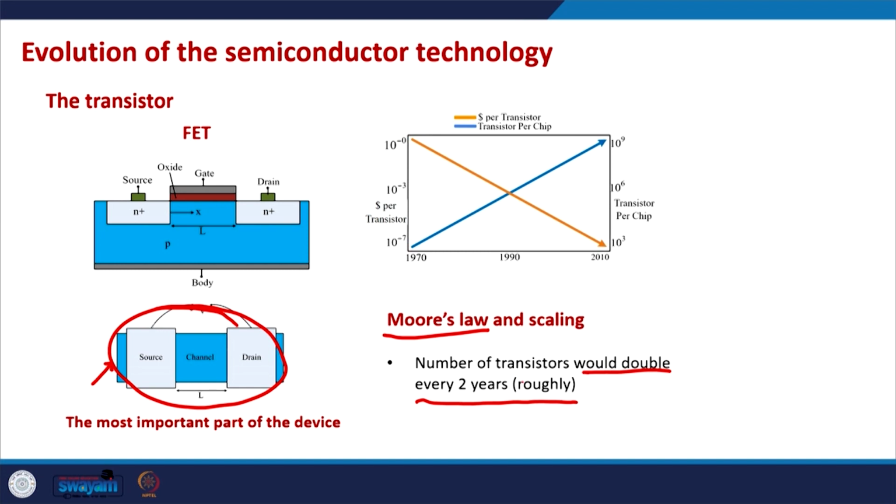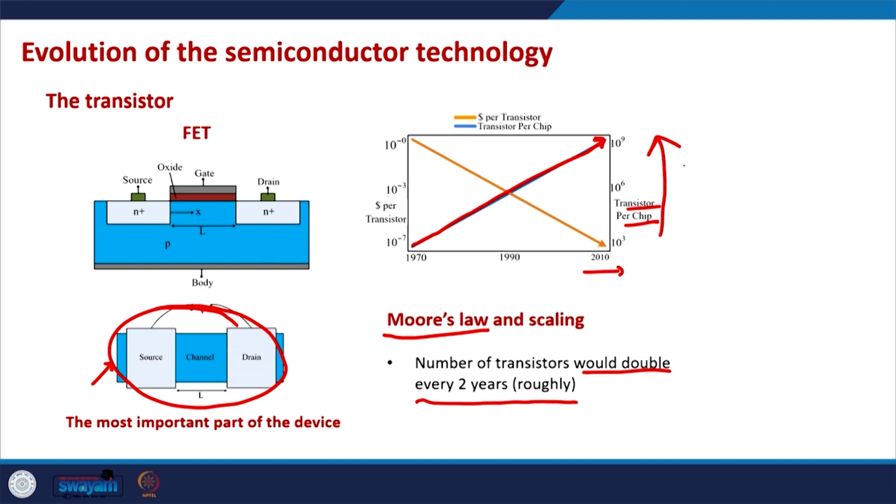This can be plotted in this way: as the graph shows, from the 1970s up to 2010, and this is true even up to 2020, the number of transistors per chip is increasing continuously. Not linearly, it is actually increasing exponentially.